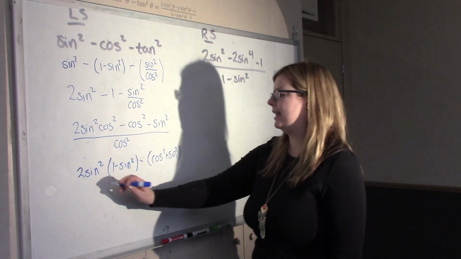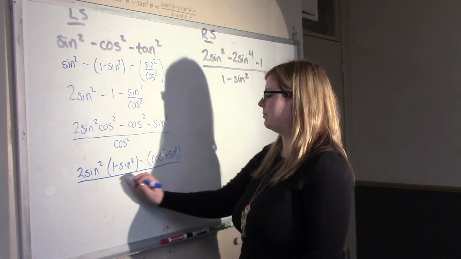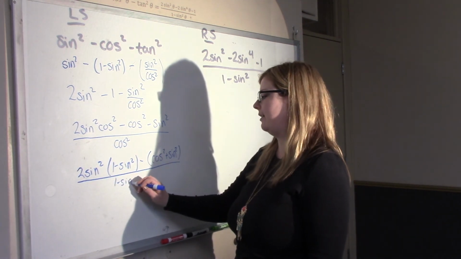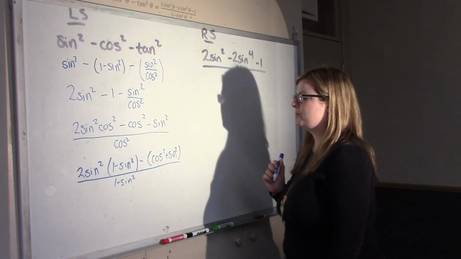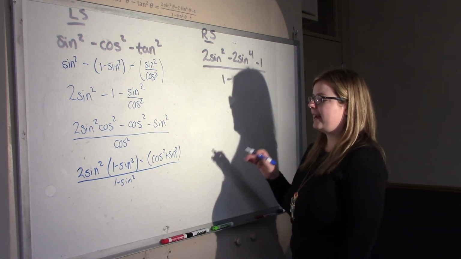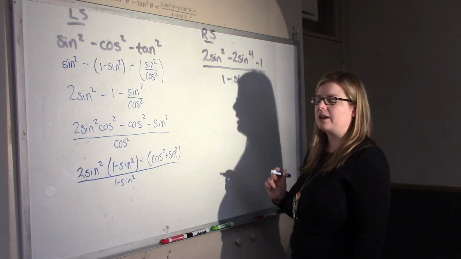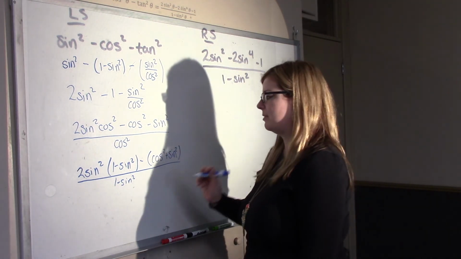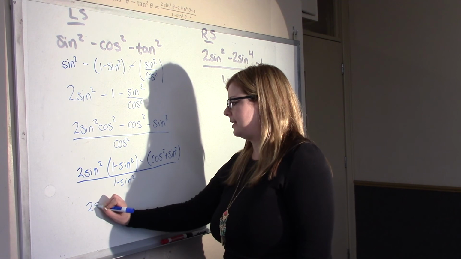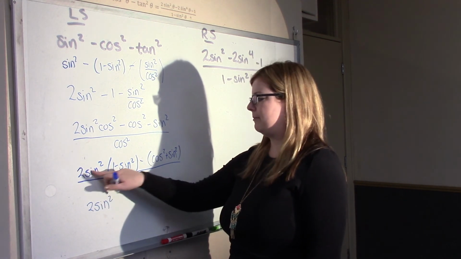All right, and then I'm changing this denominator into 1 minus sine squared because that's what they have on the right side. So I'm pretty close. I think now when I actually FOIL, distribute all this, and change this to a 1, I think I'm there. I think it's just about solved. So 2 sine squared, okay, I multiplied there.